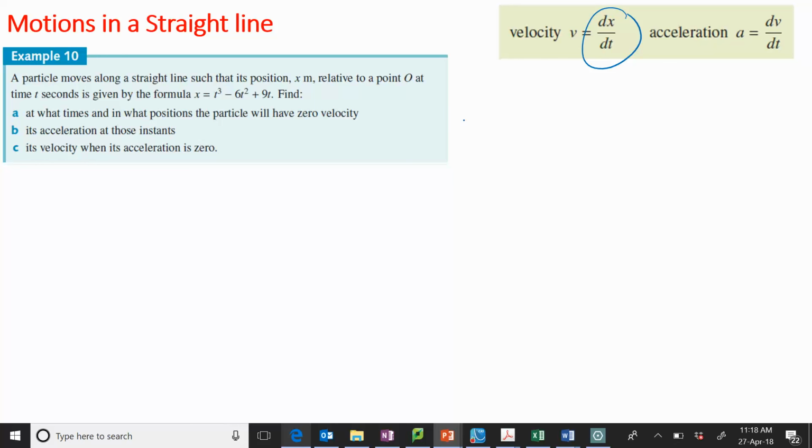So for part A, I need v, but to get v, I need to find the derivative of my position, my displacement equation. So what's the derivative of t cubed minus 6t squared plus 9t?